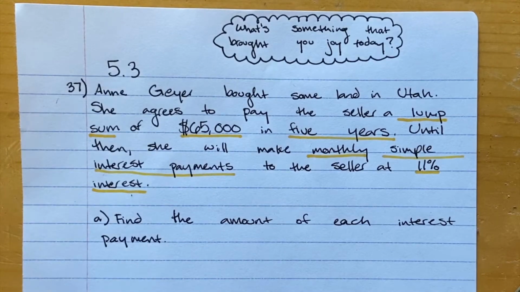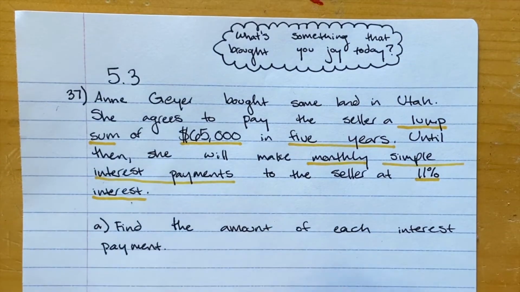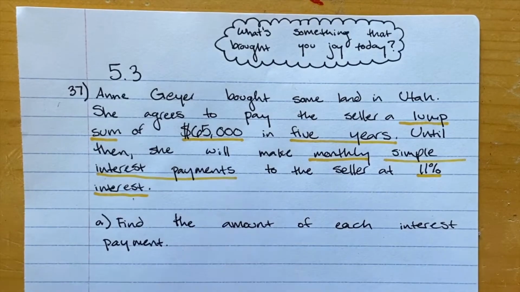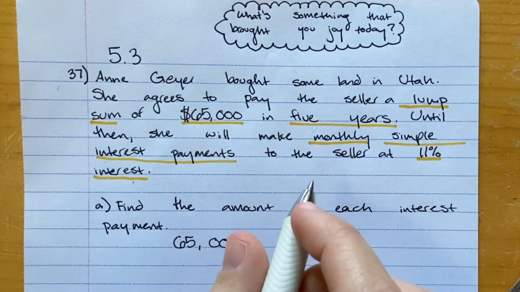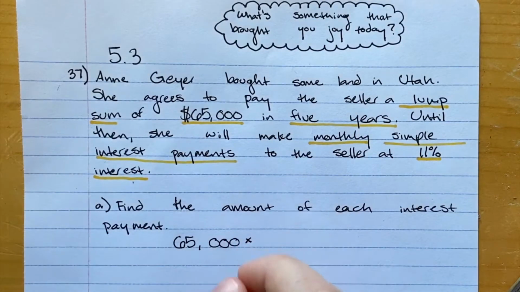So this is pretty simple. We're just going to take the $65,000 that she is trying to pay and multiply it by the interest, which is 11%.